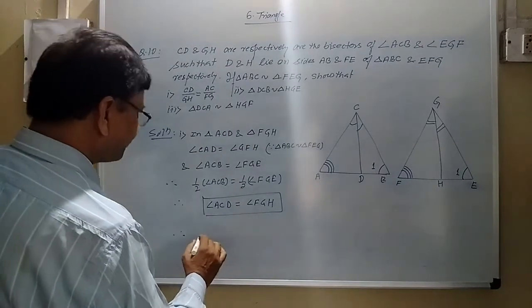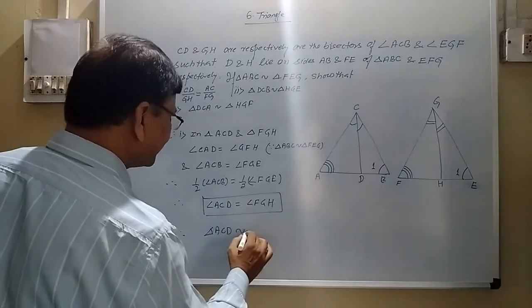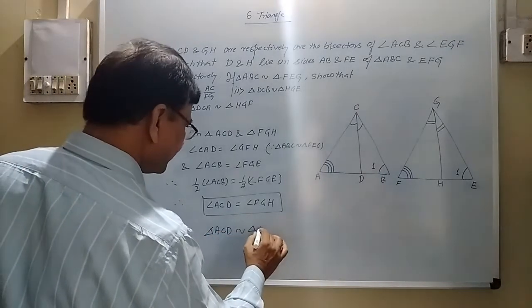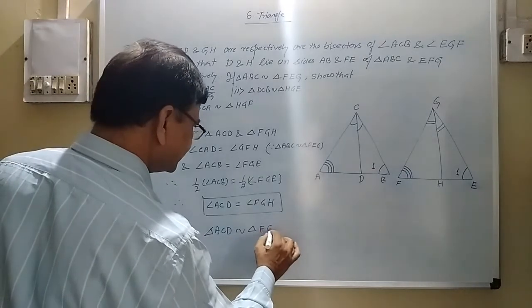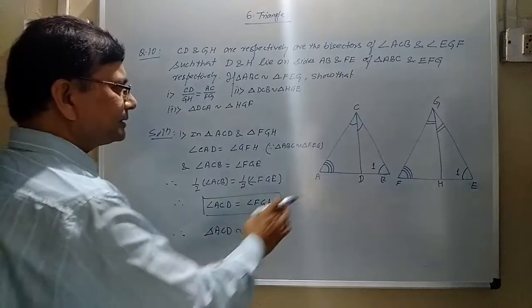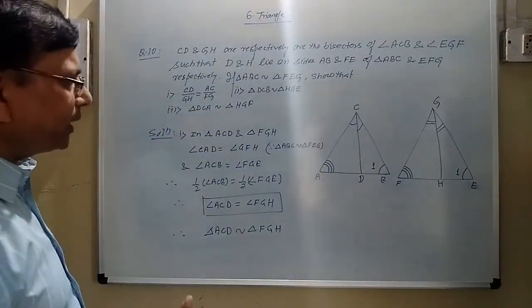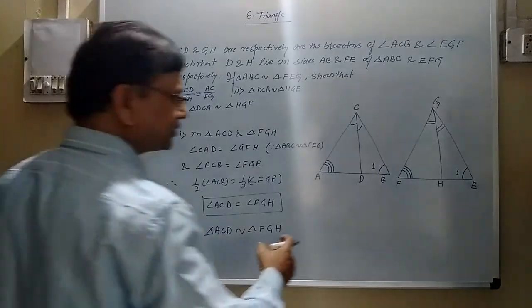Therefore, triangle ACD is similar to triangle FGH, right? These two triangles are similar, so the ratio of the corresponding sides will also be equal. So the ratio of the corresponding sides we will look at.